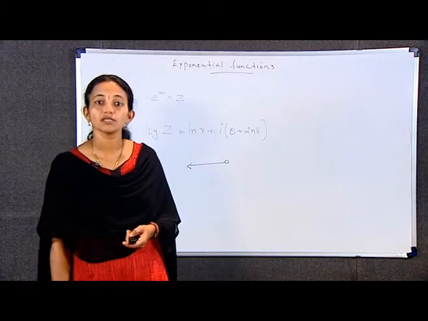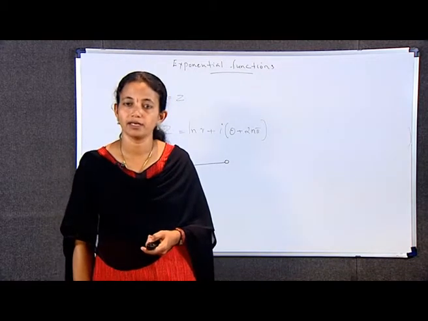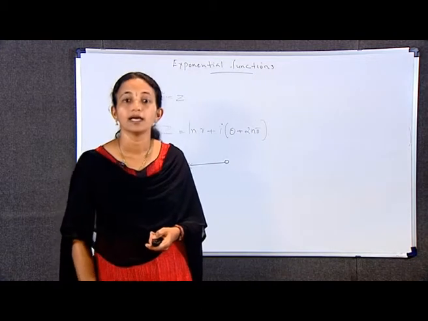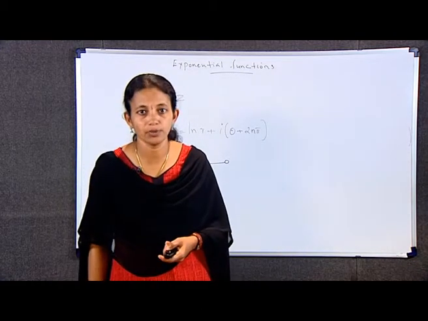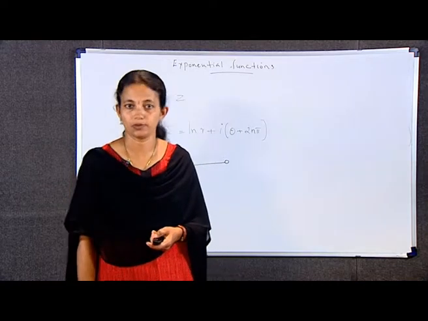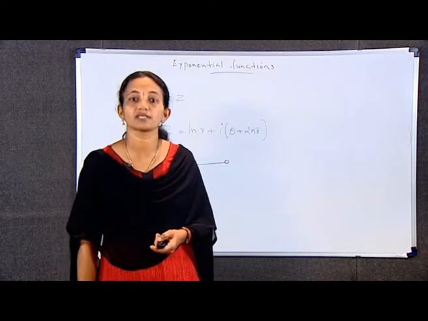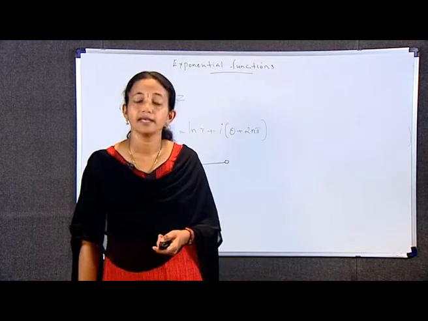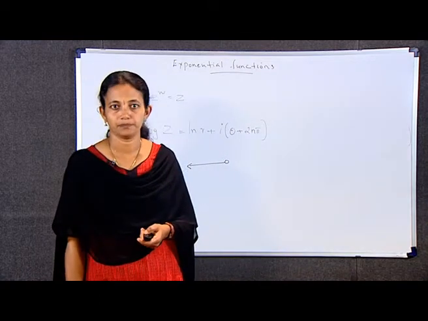Log z is also denoted by ln z. From equation 1 it follows that log z is multiple valued with infinitely many values. All those values have the same real part, but their imaginary parts differ by integral multiples of 2 pi.